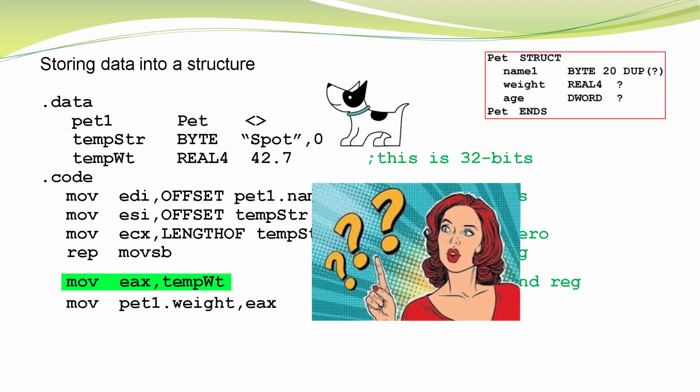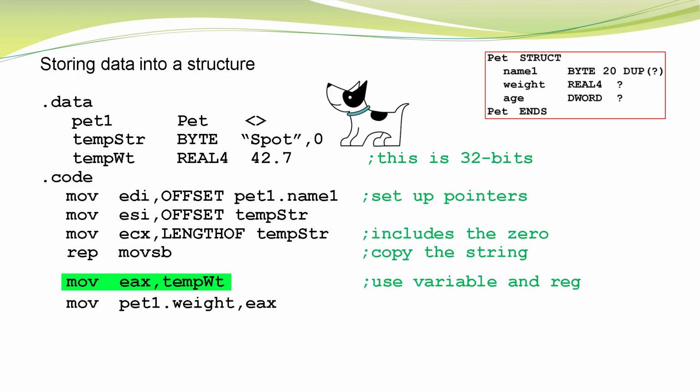Now you might be thinking, hey, why is it letting you copy a floating point number into an integer register? And my answer is, the EAX register is 32 bits and my floating point number is 32 bits. The EAX register doesn't know that the bits in my temporary variable are supposed to be interpreted as floating point. The register just sees 32 bits and goes, oh, I can handle that.